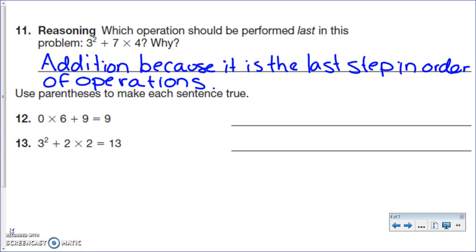So we're going to write down addition because it's the last step in the order of operations.